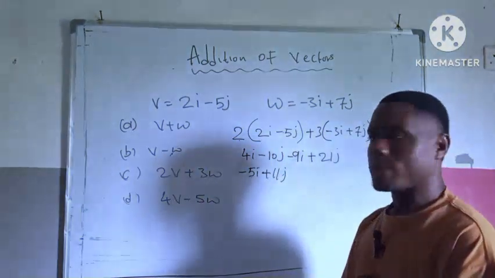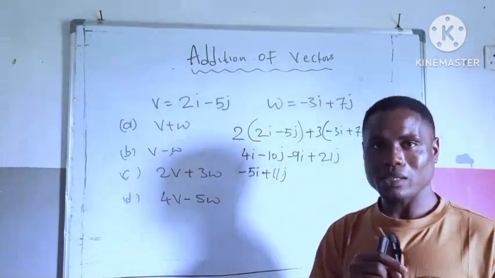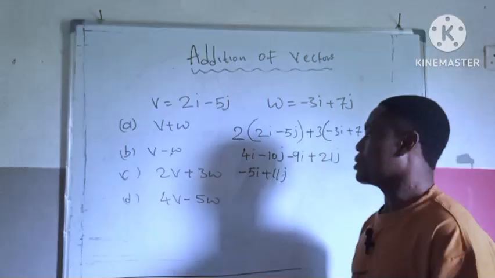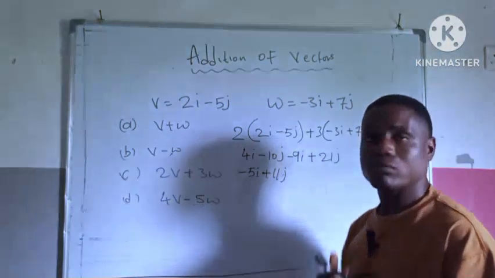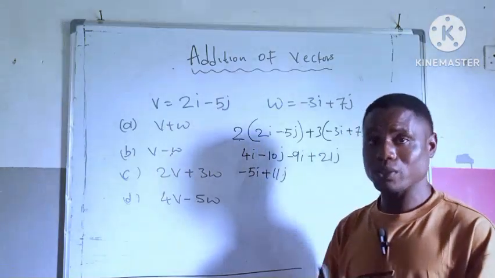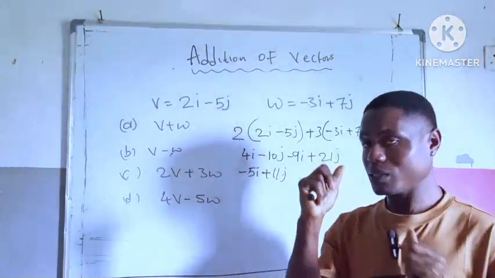Okay, in case you don't understand, you can just wind it back a little bit and rewatch the video. So this is the answer to the third one. Make sure you take note of everything I'm solving, because definitely you will see them in the exam. Take note.